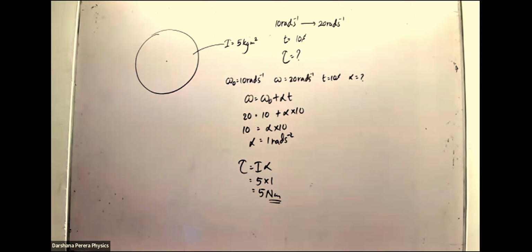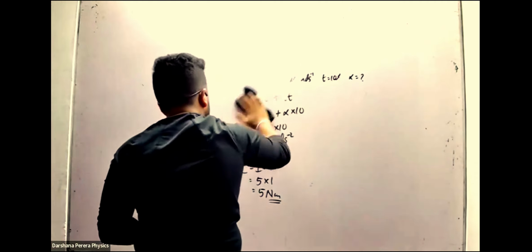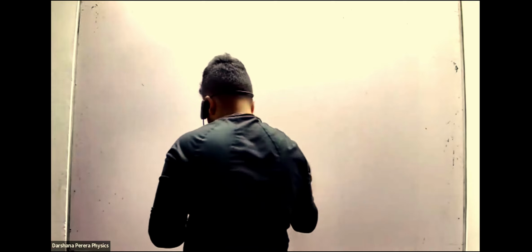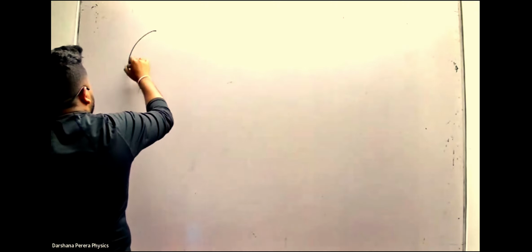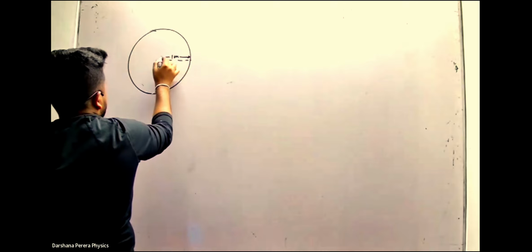Write down the problem. A solid cylinder having a mass of 50 kilogram and radius 1 meter is set up to rotate freely about its axis.